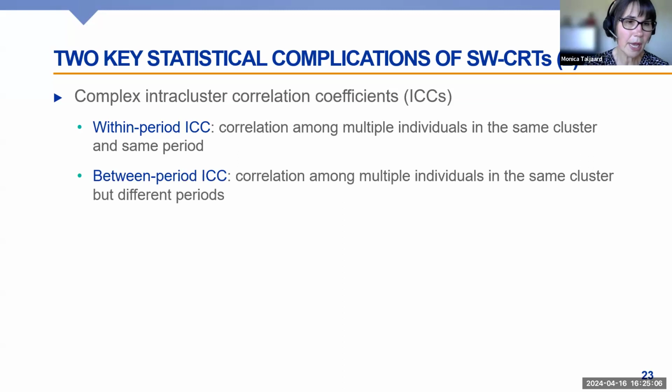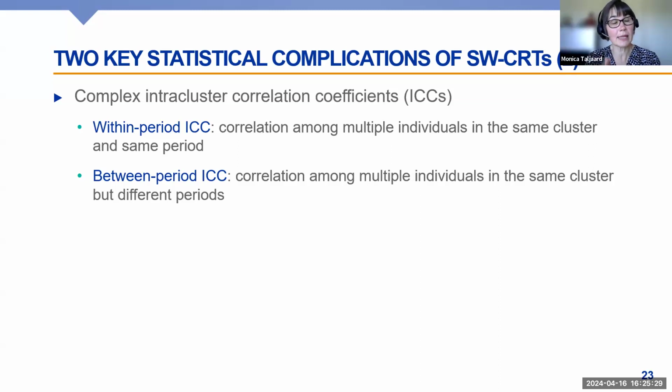So actually we have two types of ICCs in a stepped wedge. We have a within period ICC, which is a correlation among multiple people in the same cluster in the same period. But then we also have the between period ICC, which is the correlation among multiple individuals in the same cluster, but in different periods.